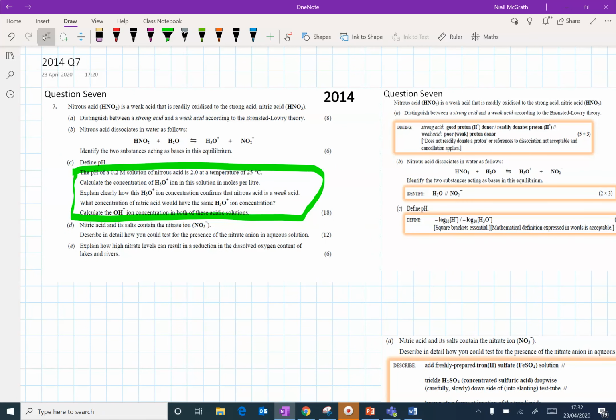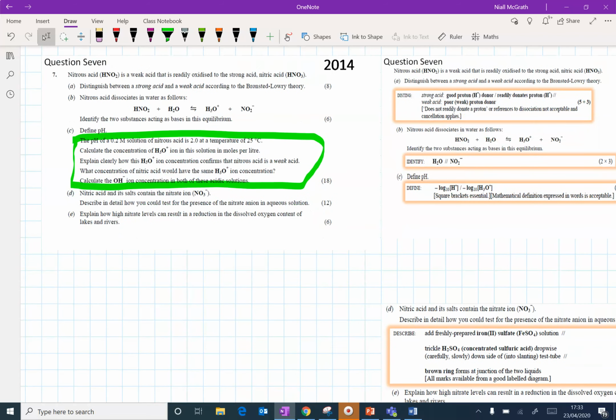Okay, so we've already defined pH. pH is minus log to the base 10 of the concentration of your H plus ions, or your hydronium ion. Calculate the concentration of H3O plus ion in this solution in moles per liter. Moles per liter is your molarity, so you're just trying to calculate the concentration of your H3O plus.